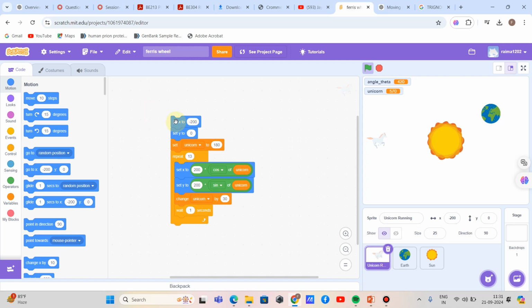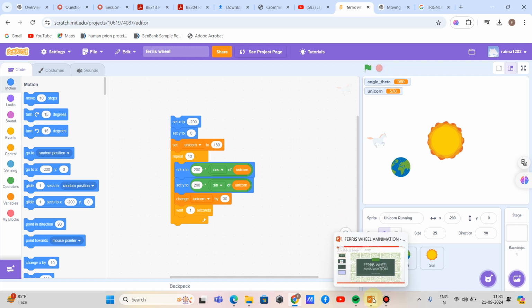Now let's start the unicorn rotating. Okay, that's all for the animation.